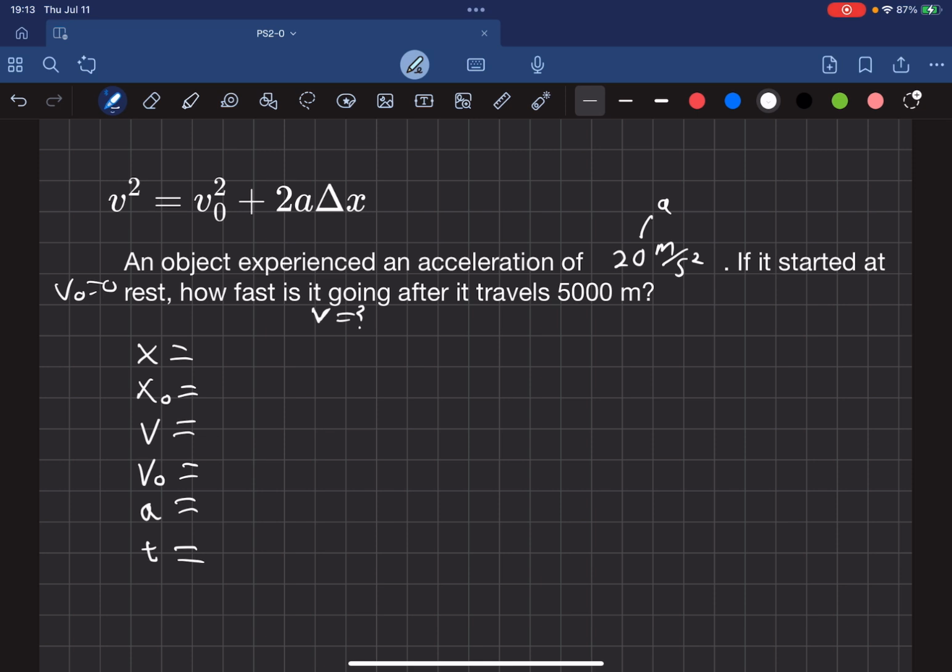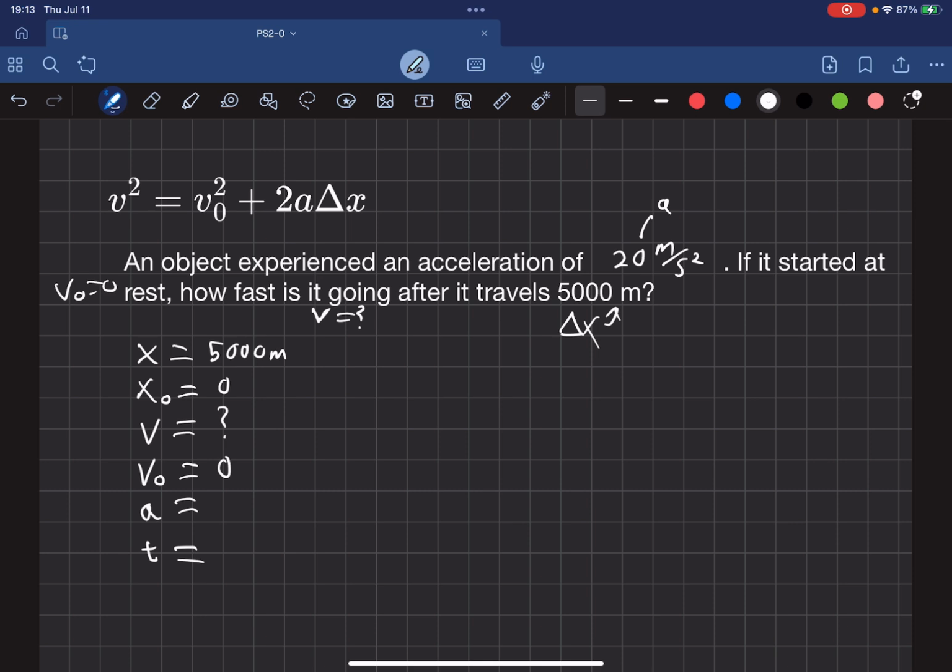After it travels 5,000 meters. So that is our delta x, or our final minus our initial. If you make the initial 0, it's just our final position. So we can actually go ahead and do that. Let's make the final position 5,000 meters. Initial position 0. Final velocity is what we're looking for.